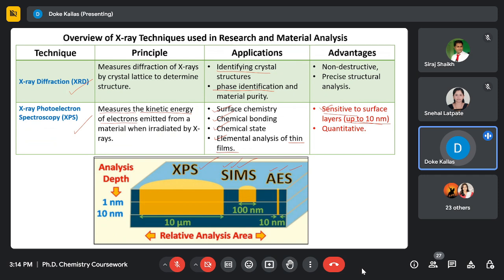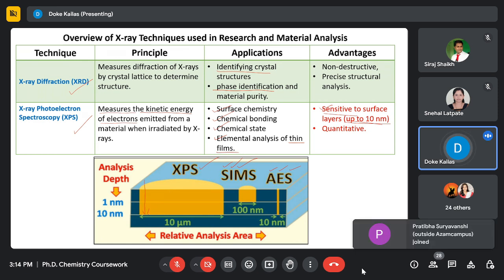If you see this figure, I took it from one of the review research papers. The analysis depth of these three techniques is given, and with X-ray photoelectron spectroscopy, we can analyze the sample up to a depth of 10 nanometers. For secondary ion mass spectroscopy, we can analyze the sample up to only 1 nanometer.